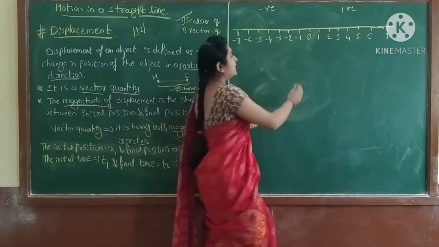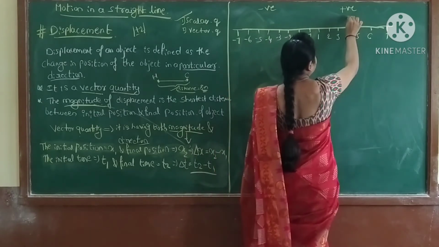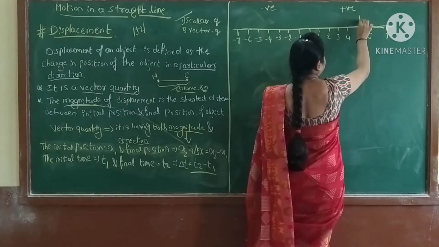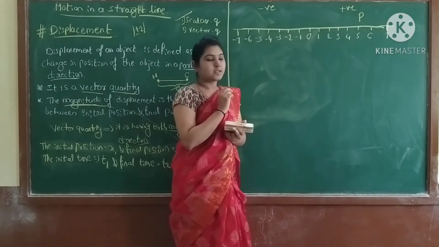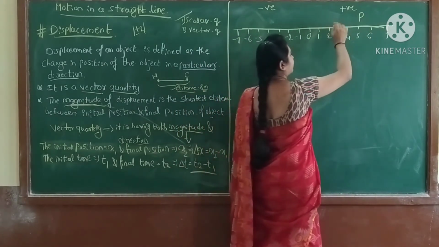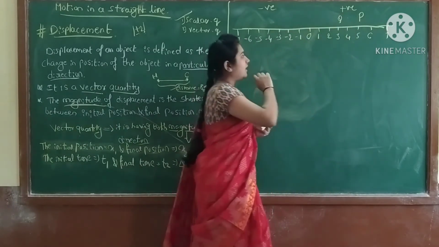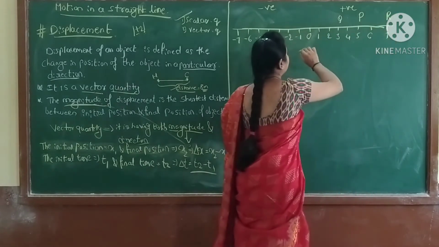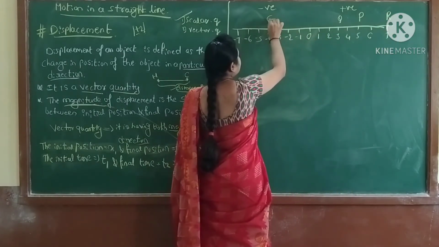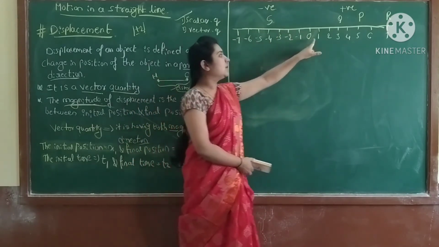So here you just make some points here. So here at P 5. Yes, this is the P point and this is the Q point. 3. Then the 7 is the R point. Then -4 is the S point. So like a points are given.